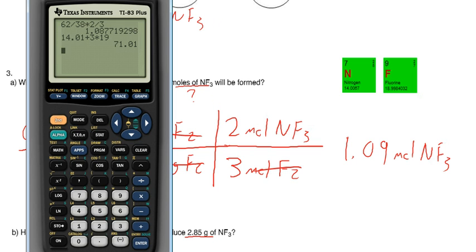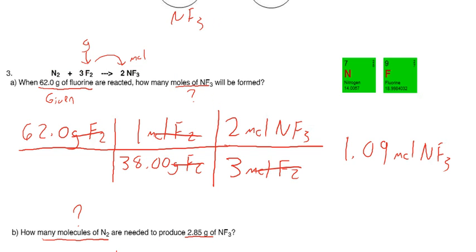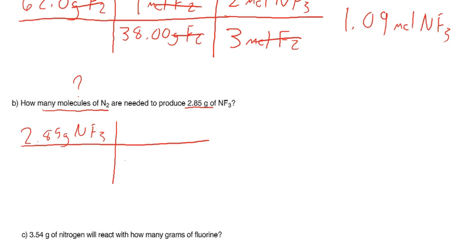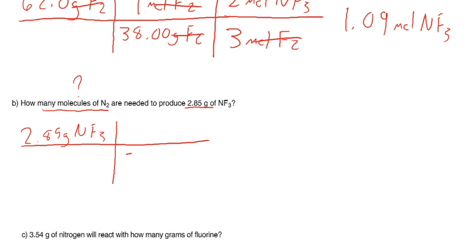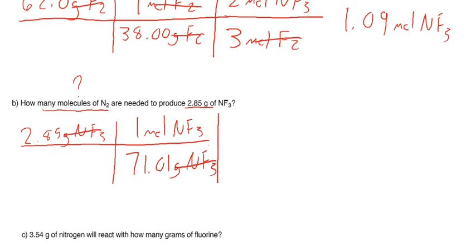So 71.01 grams per mole for nitrogen trifluoride. That was 71.01. That is 1 mole. Cancel out the grams. We're now in moles. So once we're in moles, we're good.